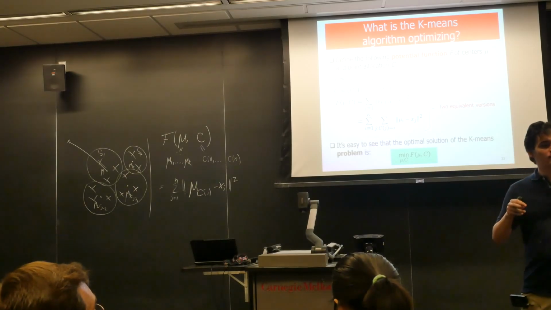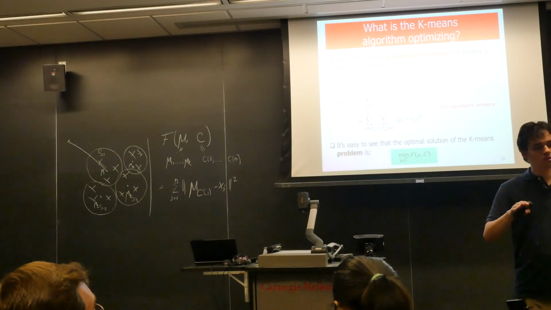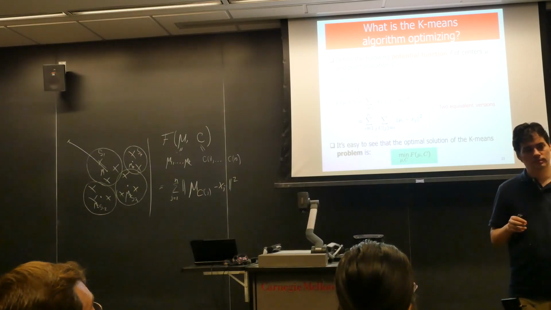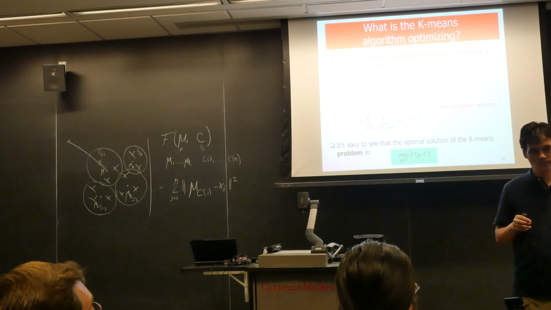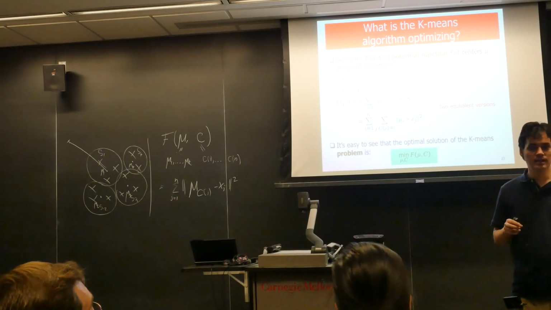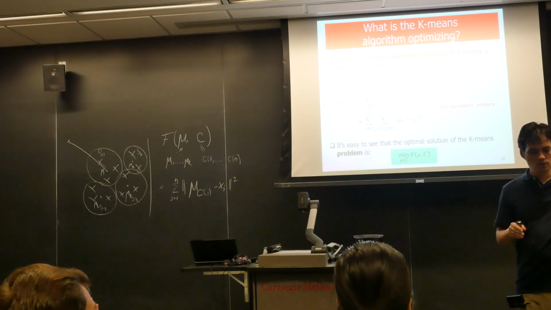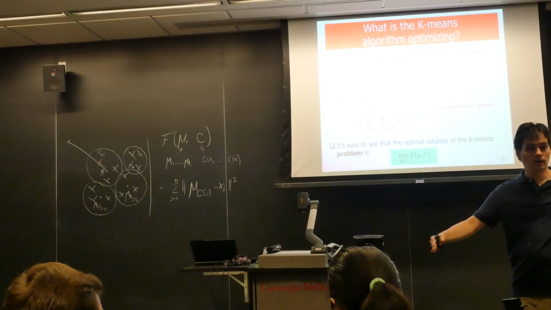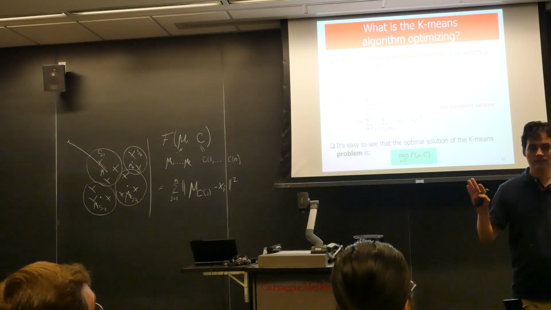I don't know how to show that the sequence of mu and the sequence of c is convergent. What's easy to show at least is that the optimization of f will stop at some point.